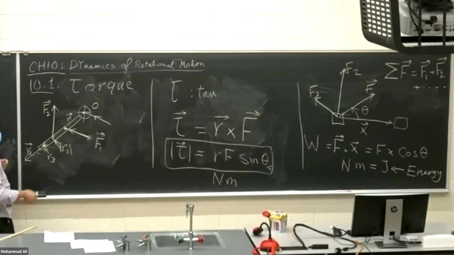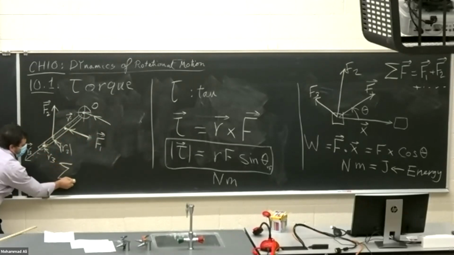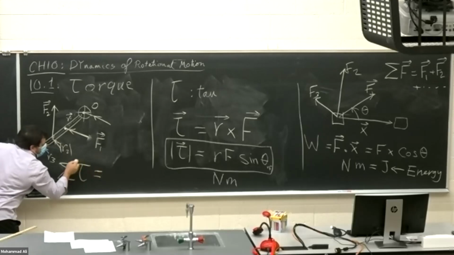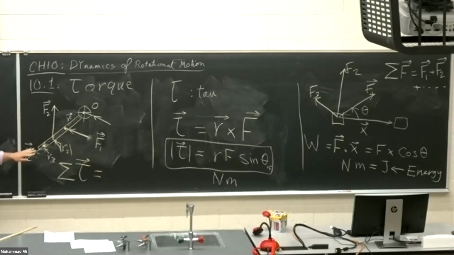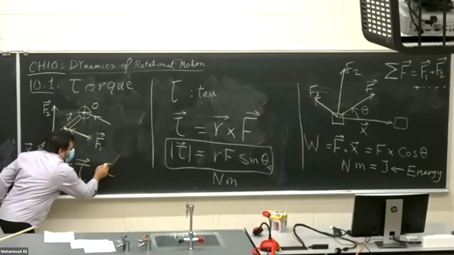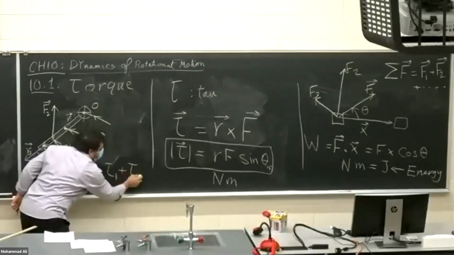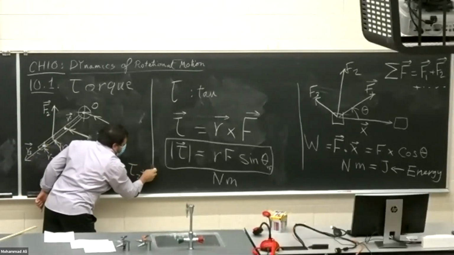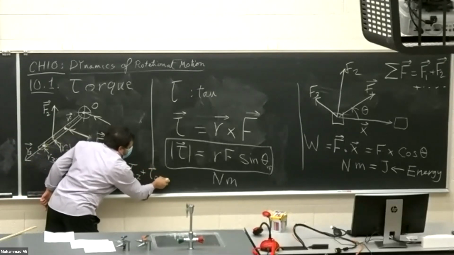Okay, what is the total torque, as a vector, if you like? We will talk about the vector property of the torque. It is simple. The first torque plus the second torque plus the third torque, and so on.